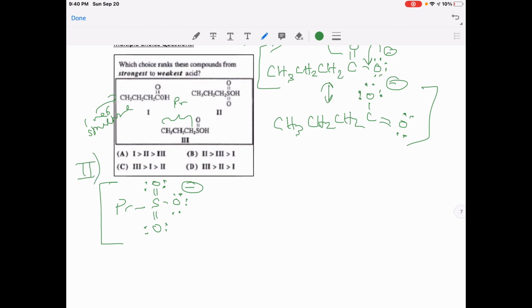So really, what we have are two additional possible resonance states. If I move this negative charge here and move it up there, I would get the following structure.